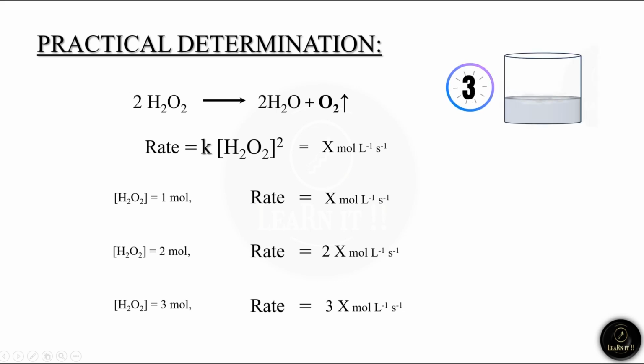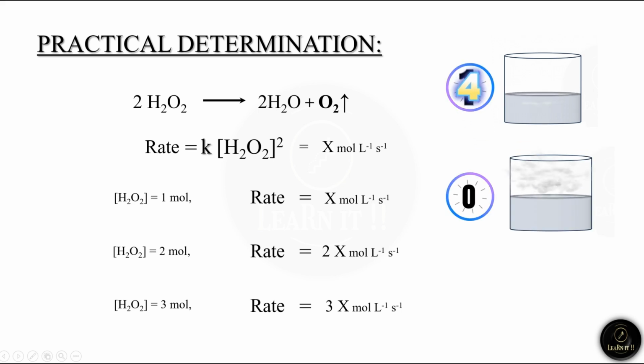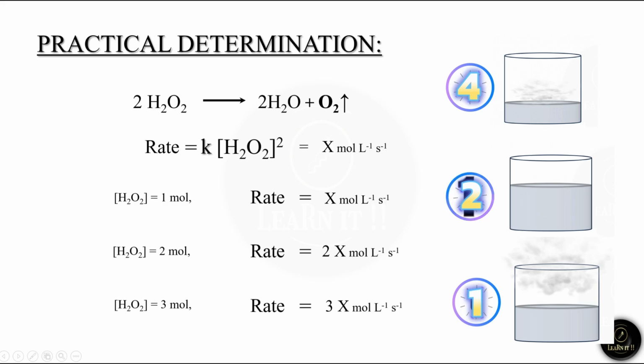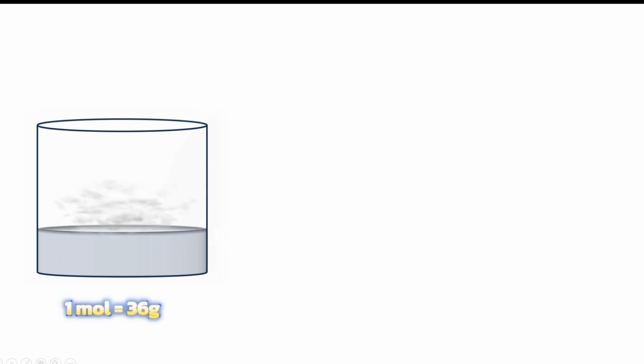If the concentration is doubled, the speed of the reaction is doubled, or it takes half the time to complete the reaction. If the concentration of the reactant is tripled, then the speed will be increased by 3 times, or it takes 1/3 of the time to complete the reaction. For instance, let's take 1 mole of hydrogen peroxide, which is equal to 36 gram, containing Avogadro's number of molecules.